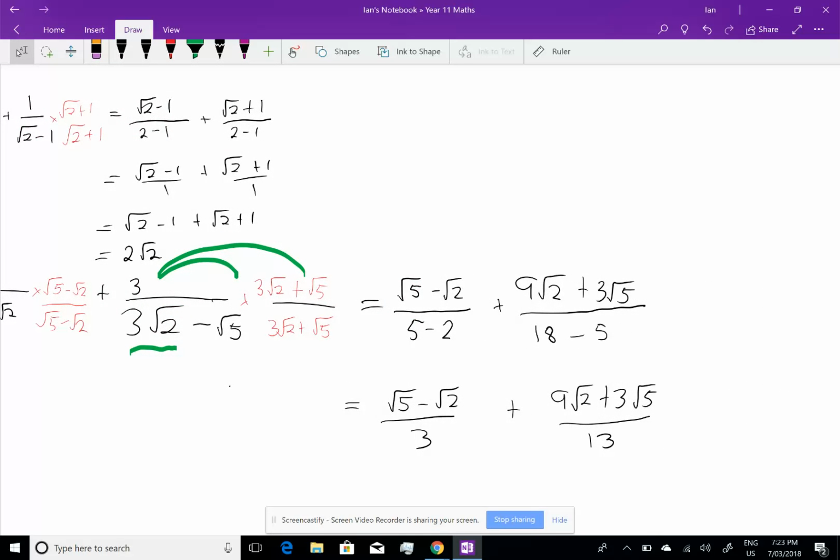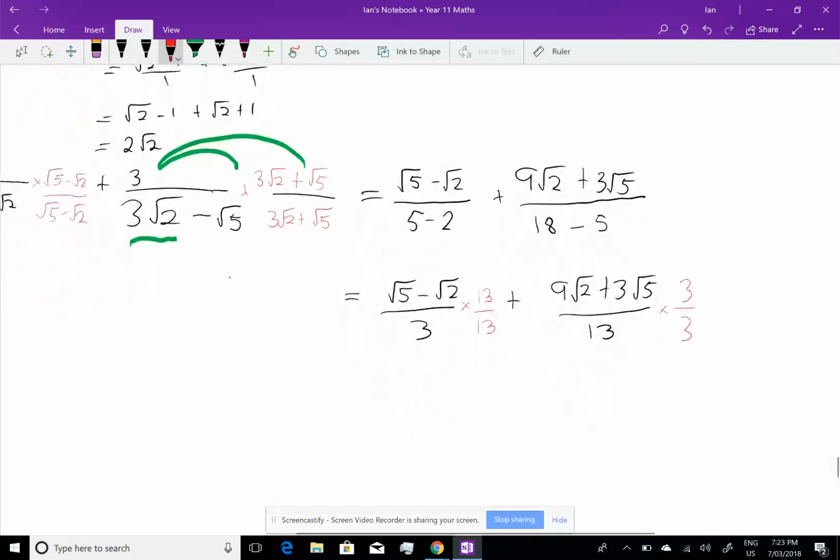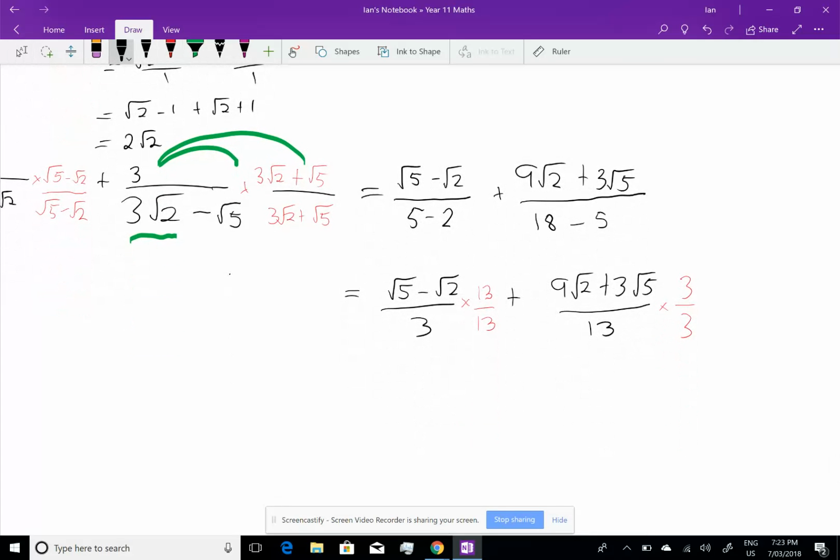Okay, well now I have to make a common denominator. Well, that's all right. I remember my fractions from my early years. If I multiply that by 13 and 13, and multiply that by 3 on 3, I'll get a common denominator of 39. So 3 13s are 39. 3 13s are 39.